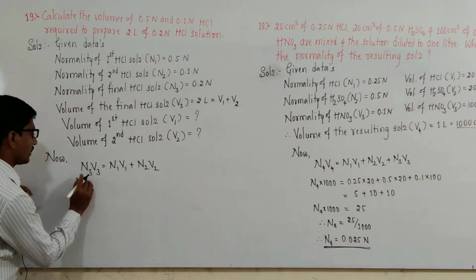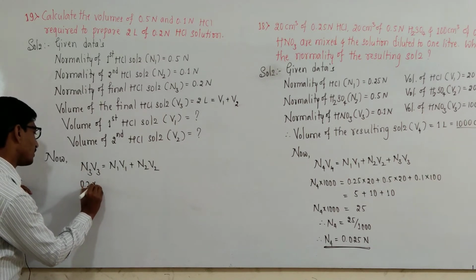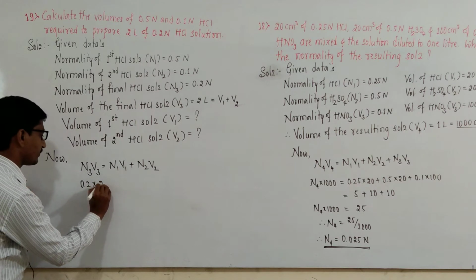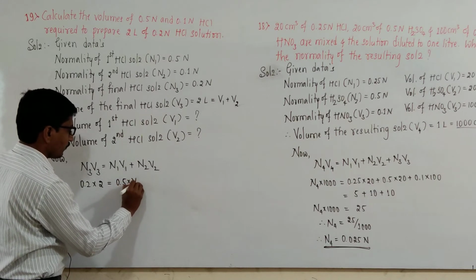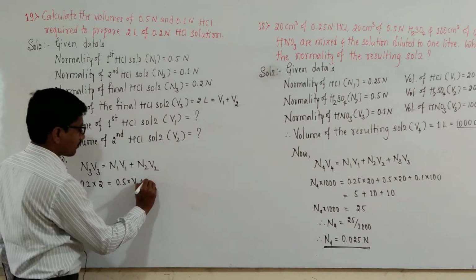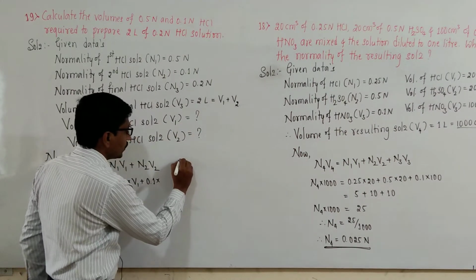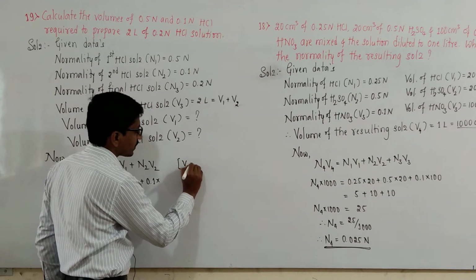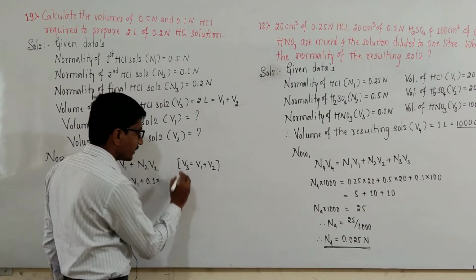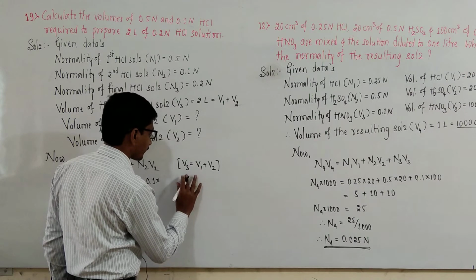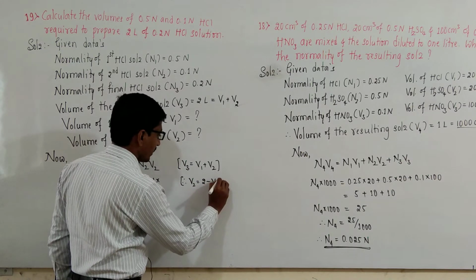Now N3 is given, V3 is also given. N3 is 0.2 normal and V3 is 2 liter. This is equal to N1, which is 0.5, into V1 plus N2, which is 0.1, into V2. We can substitute V3 is equal to V1 plus V2, then V3 is 2 liter, therefore V2 is equal to 2 minus V1.